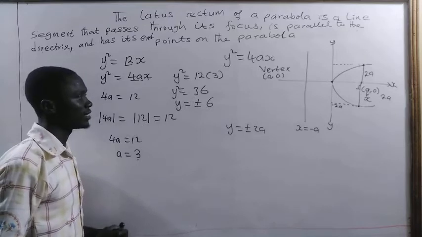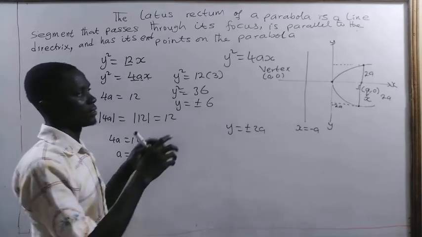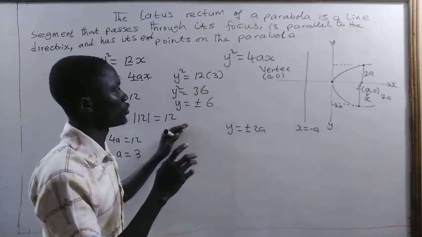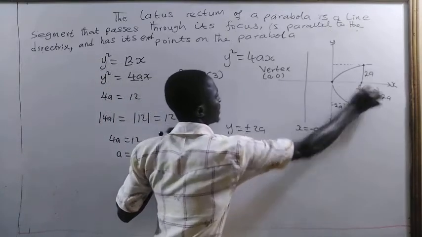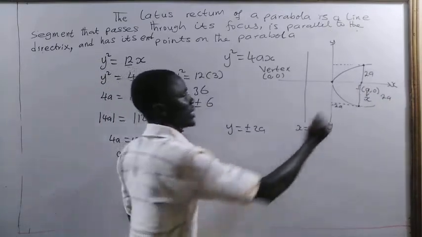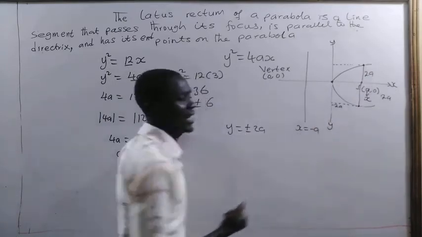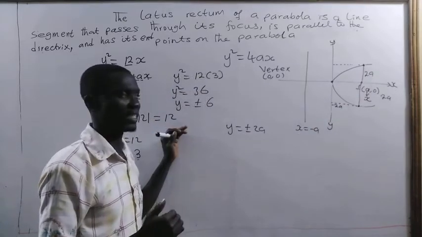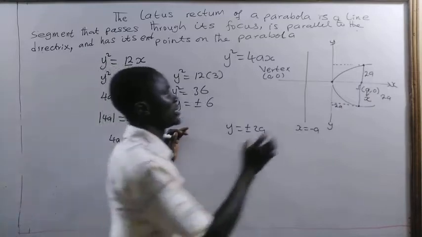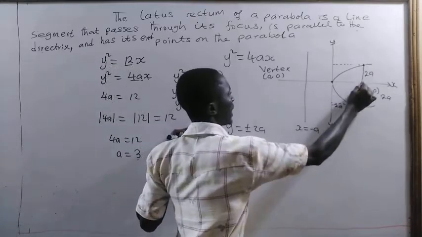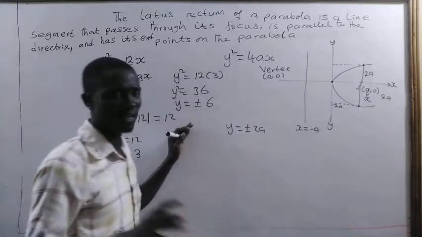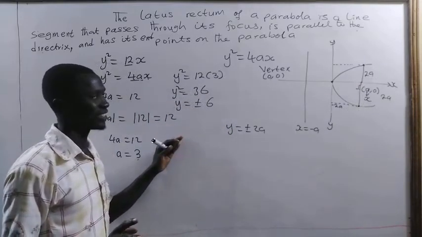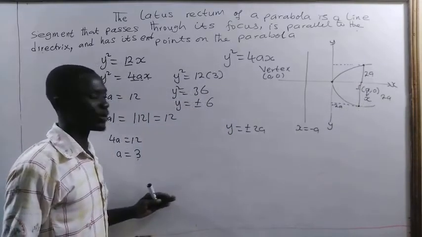So here, the Latus rectum will be 6 units above the axis of symmetry and 6 units below the axis of symmetry. Or you can say that the Latus rectum will be 6 units above the focus, or 6 units below the focus. Very, very simple as that.